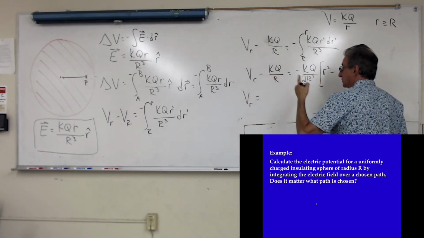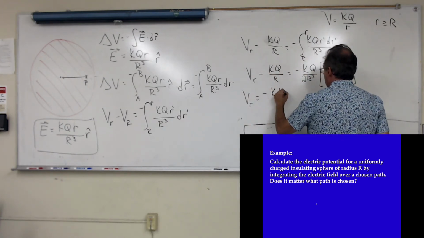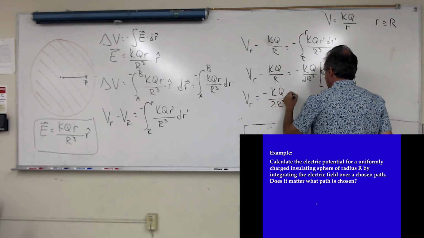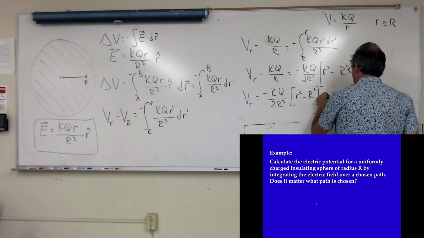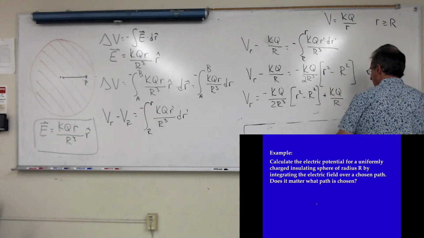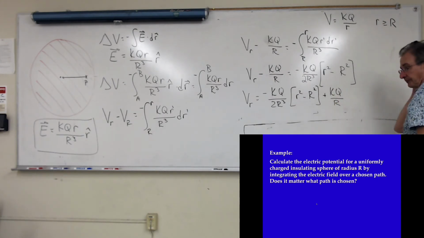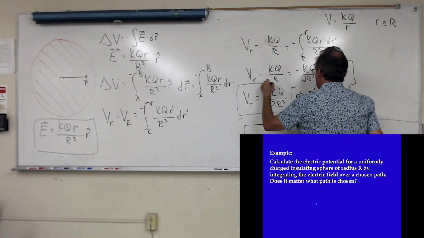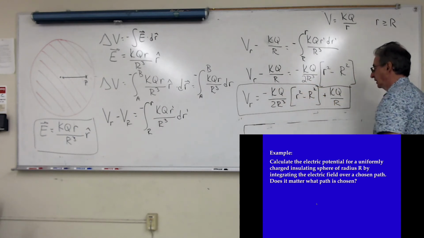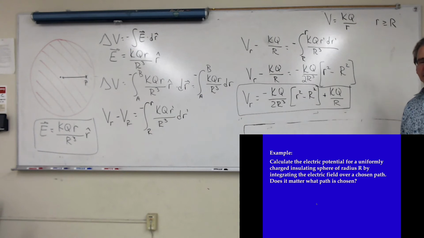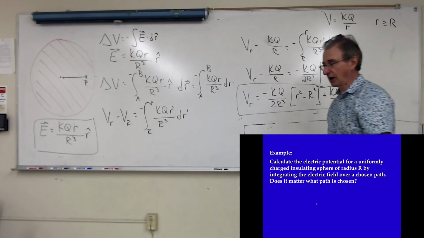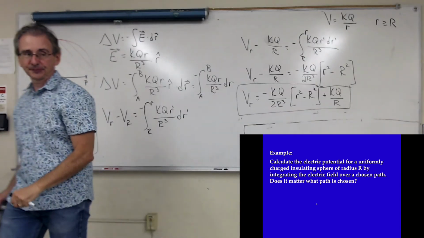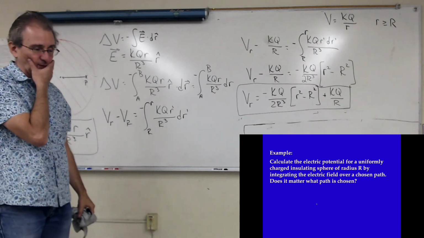Anywhere inside the sphere, the potential is given by the following. It depends quadratically on position. If the electric field is linear, then the potential has to be quadratic, so it's going to be one power higher because it involves an integral. Okay?